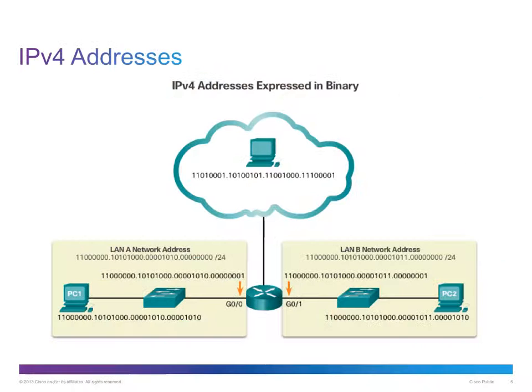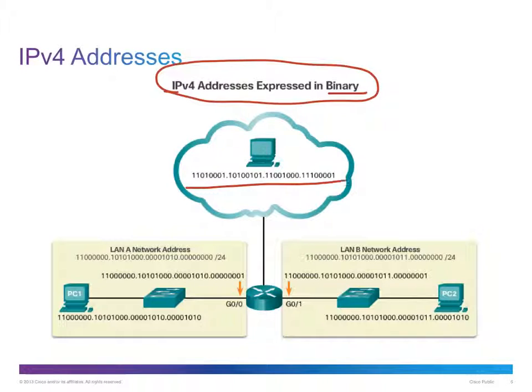Alright, so let's take slides that talk about this. Here we have IP addressing expressed in binary. So here's an IP address in binary, right here, and then we have an interface and an interface on a router. And remember, a router splits networks, so we have a network over here and a network over here. 2 different networks that we'll learn about.